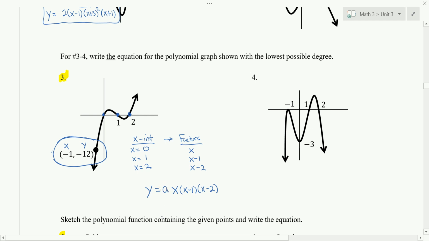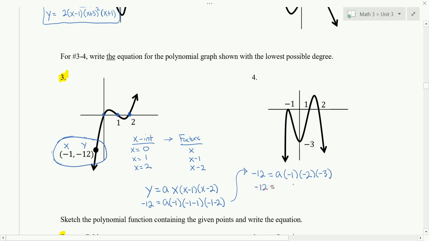And we need to solve for a. So I'm going to plug -12 in for y and -1 in for x. And I need to plug it in wherever there's an x, so I'm plugging -1 in 3 times here. So we end up with -12 equals a times -1 times -2 times -3.